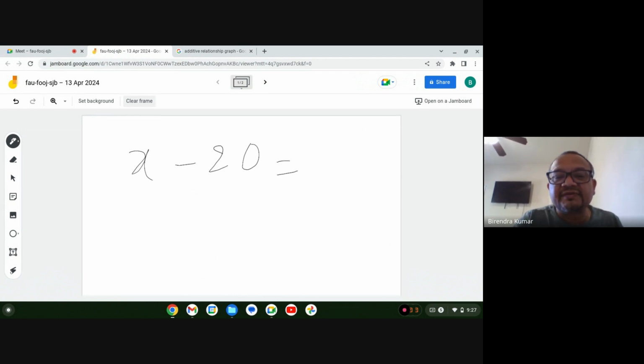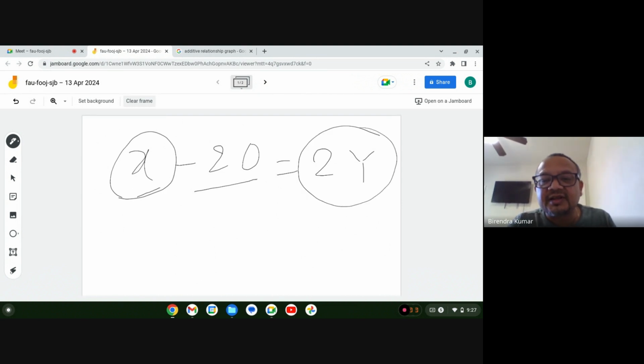Whatever money I have left, that is double the money my daughter has. This is an equation. See, this equation has a story. Whatever money I had, I gave $20 to one of my friends, and then whatever I am left with is 2 times the money my daughter has. This is a multiplicative thing.